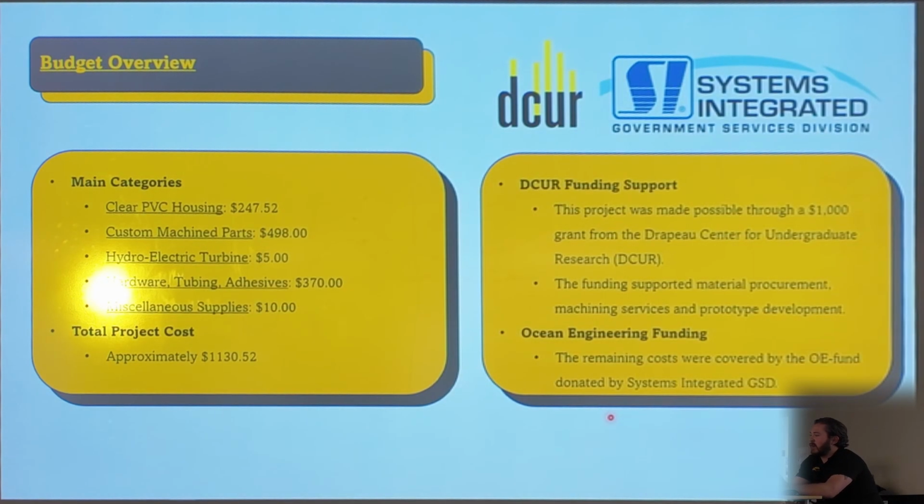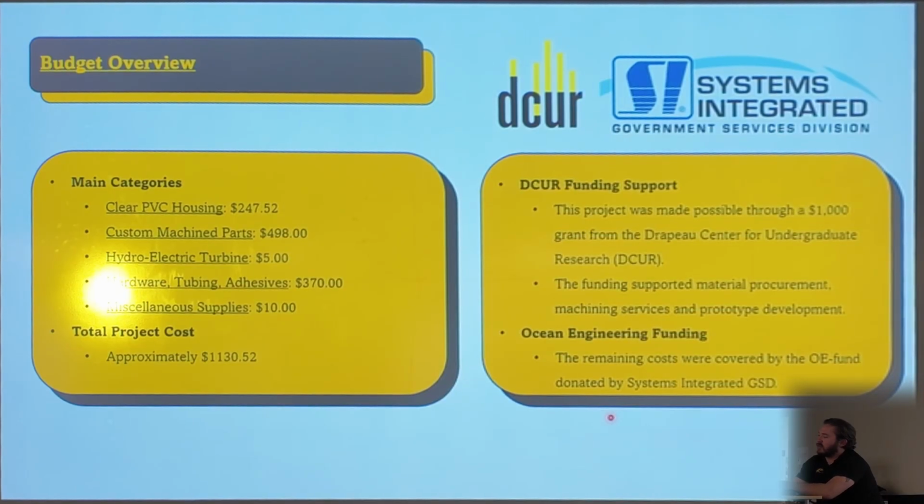So, overview of my budget. The most expensive things in my system would be the housing, custom machine parts, hydroelectric turbine, hardware, tubing, adhesives, and then miscellaneous stuff. Those were the most important parts of my system.